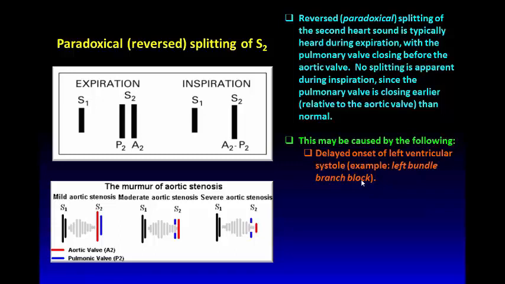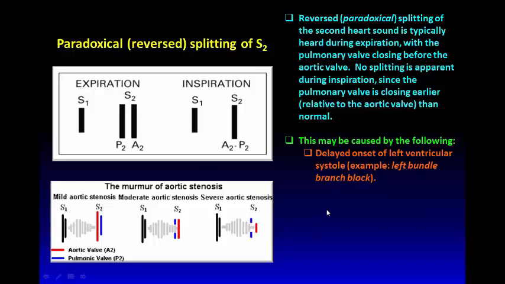So when there is left bundle branch block, it takes longer for the left ventricle to get depolarized, and hence left ventricular systole is delayed, and accordingly the aortic valve closes after the pulmonary valve, resulting in paradoxical or reverse splitting of S2 heard during expiration.